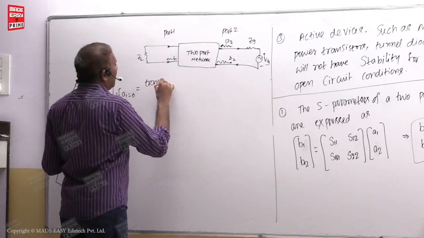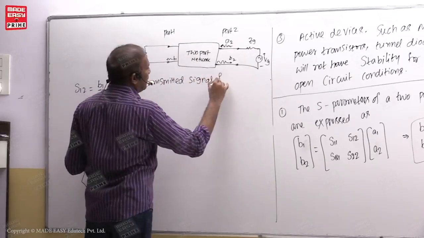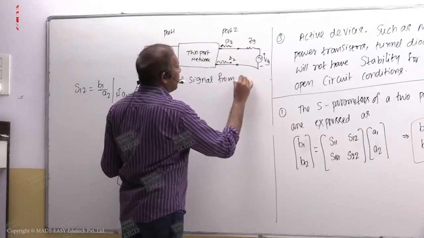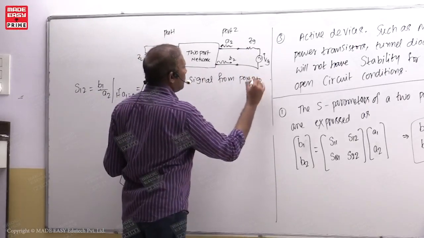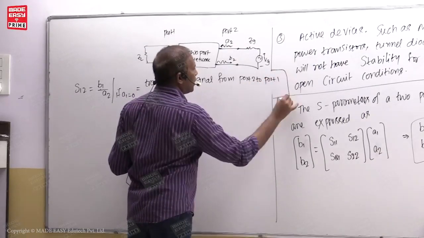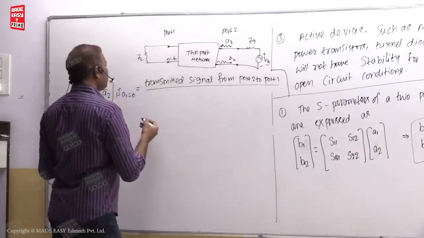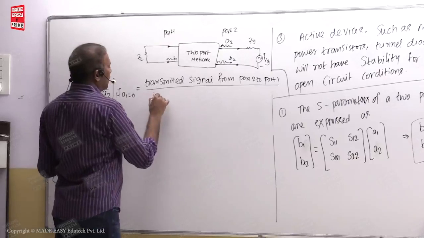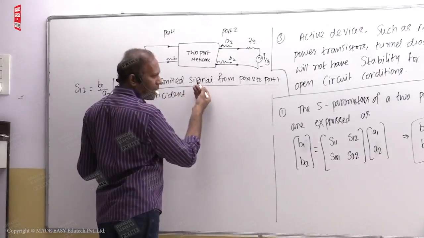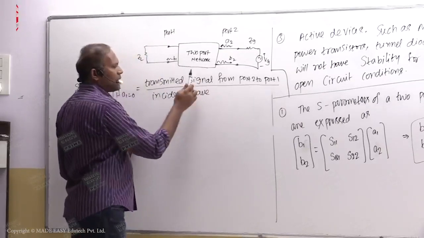So transmitted signal from port 2 to port 1 divided by, what is this A2? Incident signal or otherwise incident wave. Students, signal or otherwise wave, both are same.